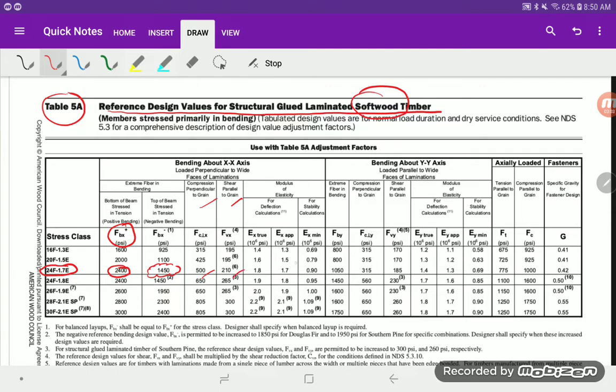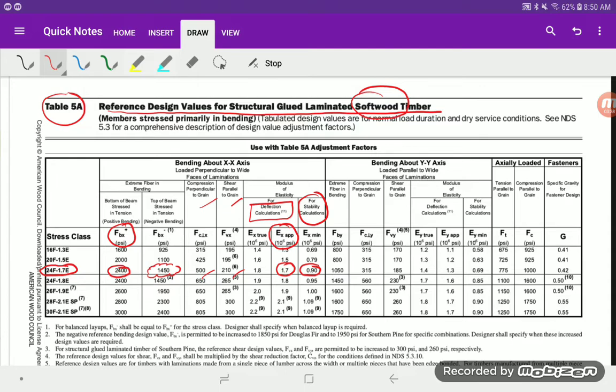It also gives you other numbers: compression perpendicular to grain, shear parallel to grain, and so forth. Here's our modulus of elasticity, and the 1.7E refers to this apparent Young's modulus. That's used only for deflections. If we need to compute any stability problems, usually for column problems, we would have to use this E min, which is the 0.9.